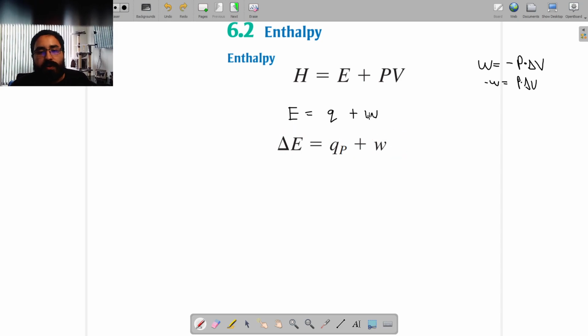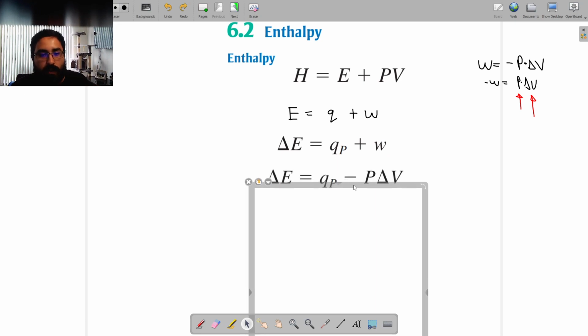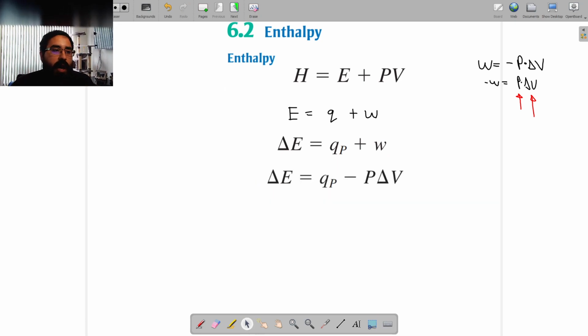What we're going to do is plug in P times delta V for W, and you'll see towards the end why we're doing all of this. So our change in energy is equal to, all we did is substitute the pressure times the volume in this formula.